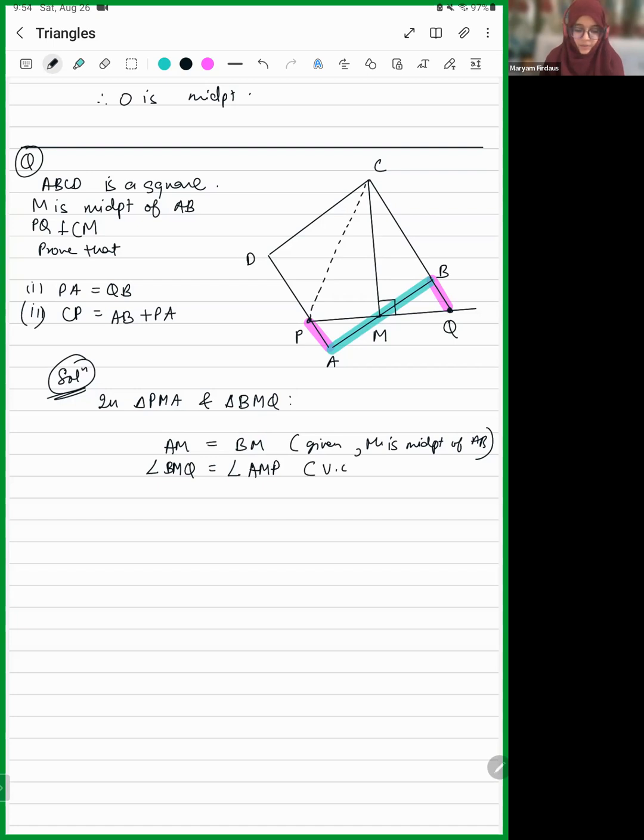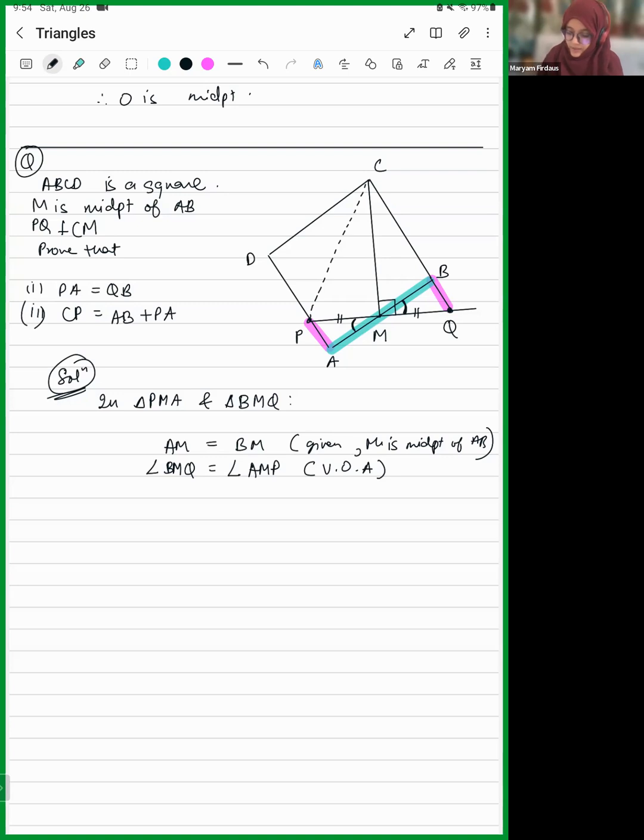Reason: vertically opposite angles. So now what all have we gotten? We have gotten this side and this side, then these two angles, this angle and this angle. And angle A equals angle B.